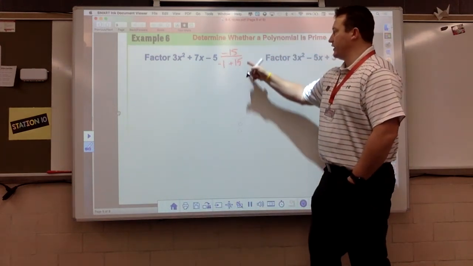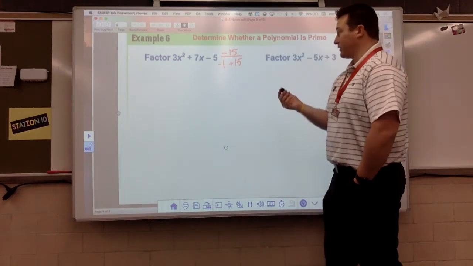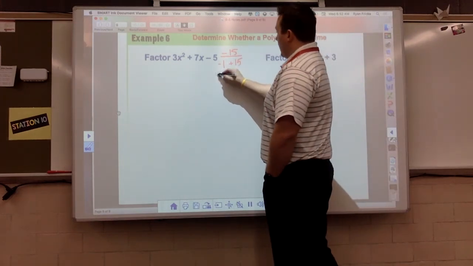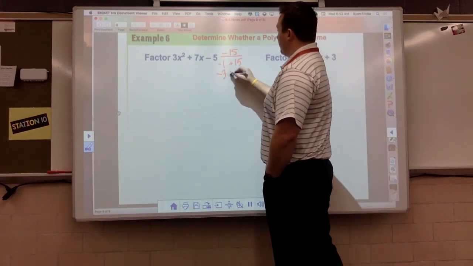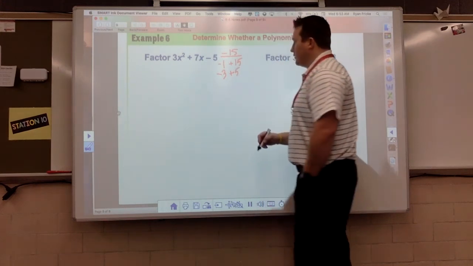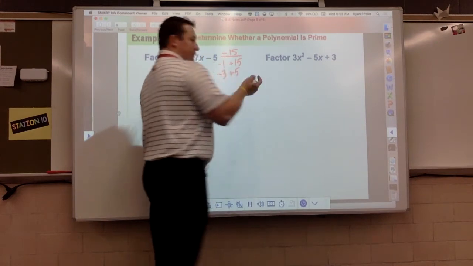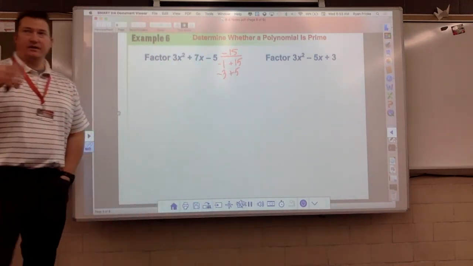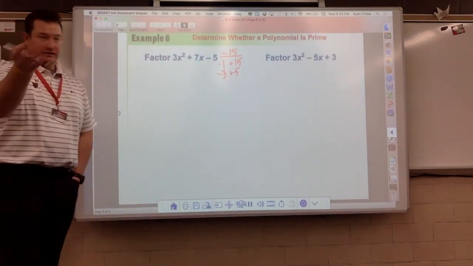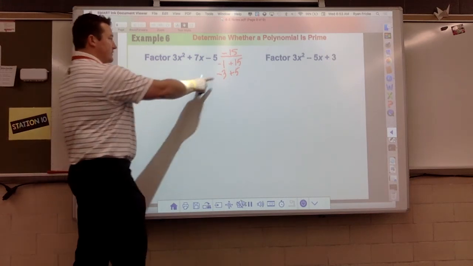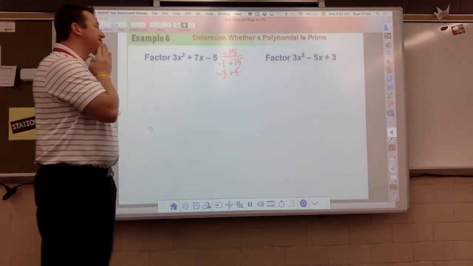That multiplies to here. It would add up to, what, 14? Okay, so that doesn't work. 2, no, negative 3, positive 5. And those are it, right? I mean, 15 doesn't have a lot of factors. 1, 15, 3, and 5. Unless I'm missing something. Somebody yell at me. Does this add up to this? No.